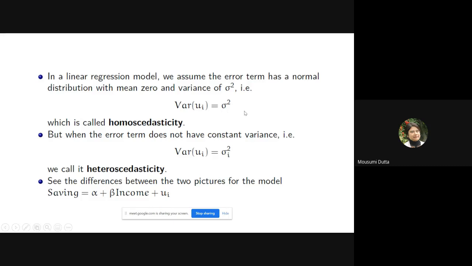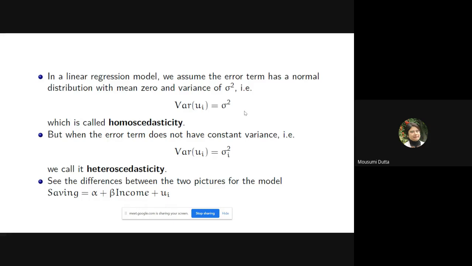If I consider a k variable model, whenever we consider variance of ui, you will get the variance covariance matrix of ui, and all the variance terms will appear in the diagonal. Along the diagonal, you will get the variance terms, and these variance terms are all constant.